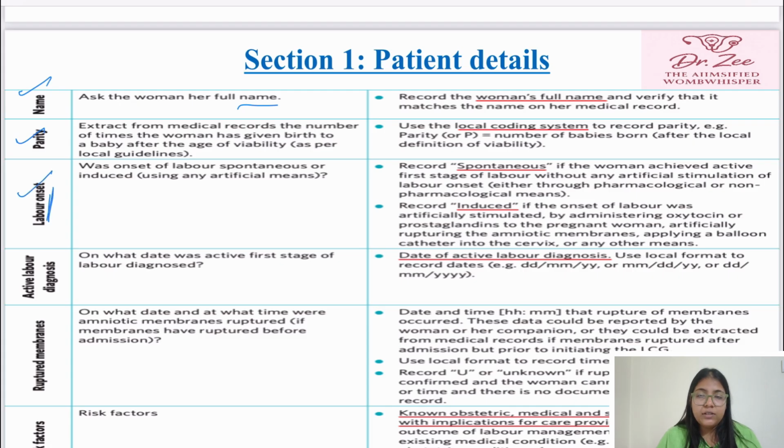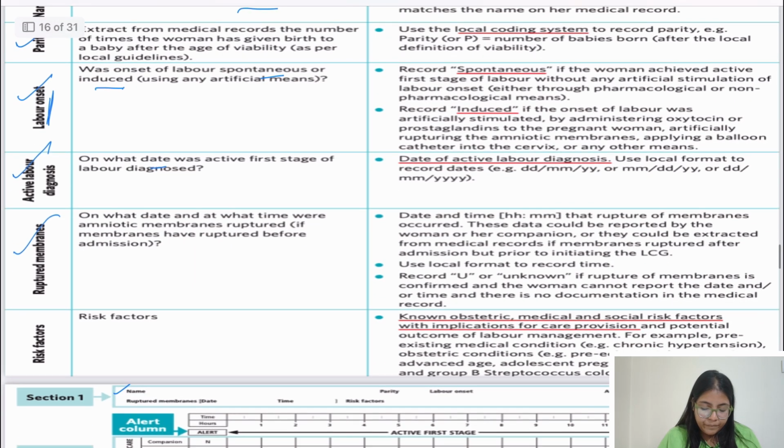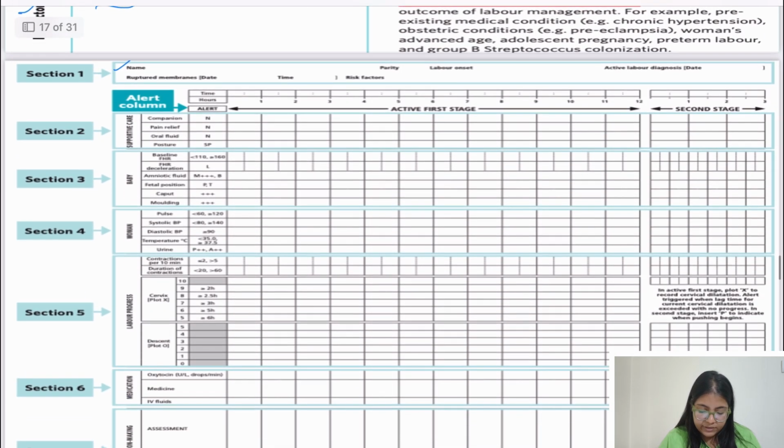Labor onset, if it was spontaneous or induced, you just mention it. Active labor diagnosis, at what date it was diagnosed. Ruptured membrane status, at what date and time membrane rupture was there. And risk factors, if any pregnancy related complications or any previous medical comorbidities is there which is risk factor for this patient, you just mention it.